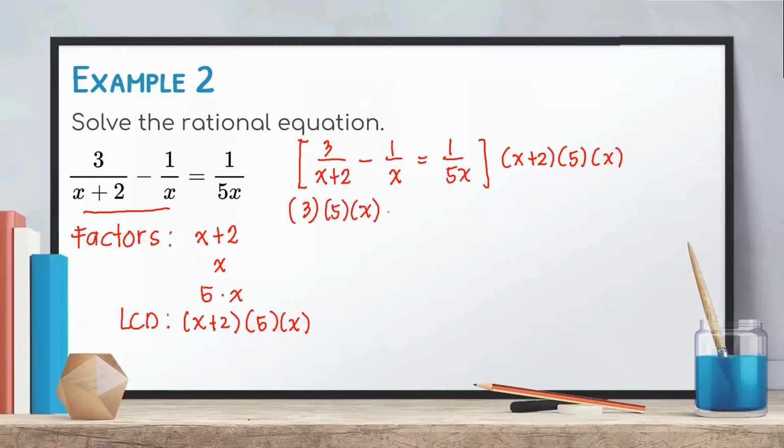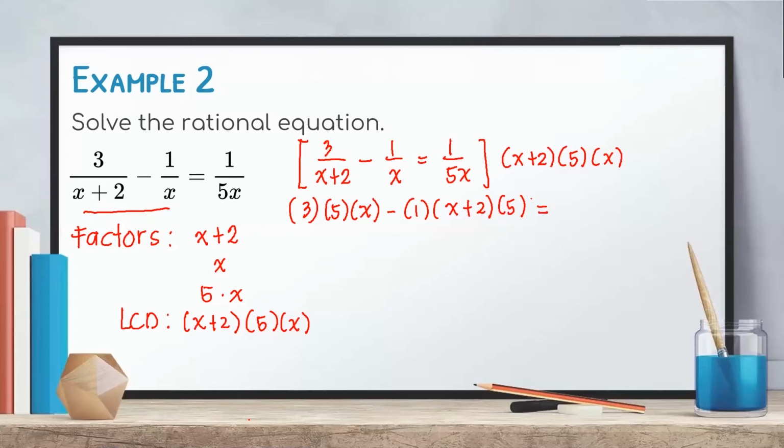Copy the minus sign. Next, multiply again the LCD to the second rational expression, but since your denominator here is x, so therefore x here will be cancelled. So therefore, we will have 1 times x plus 2 times 5. Then copy the equal sign.